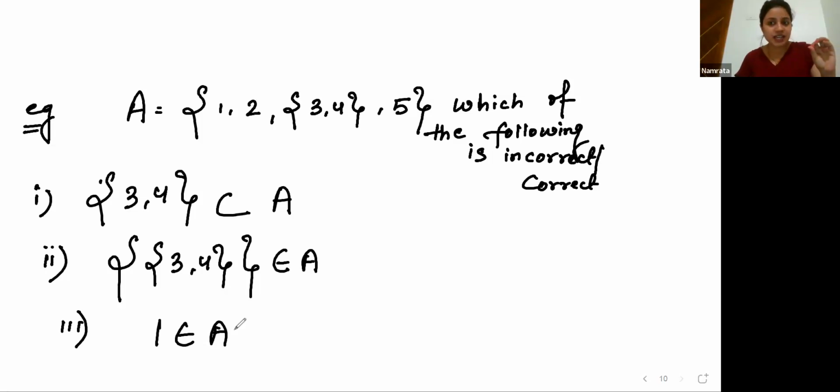If any one is correct, we have to give the reason why it is correct. If any one is not correct, we have to give the reason why it is not correct.